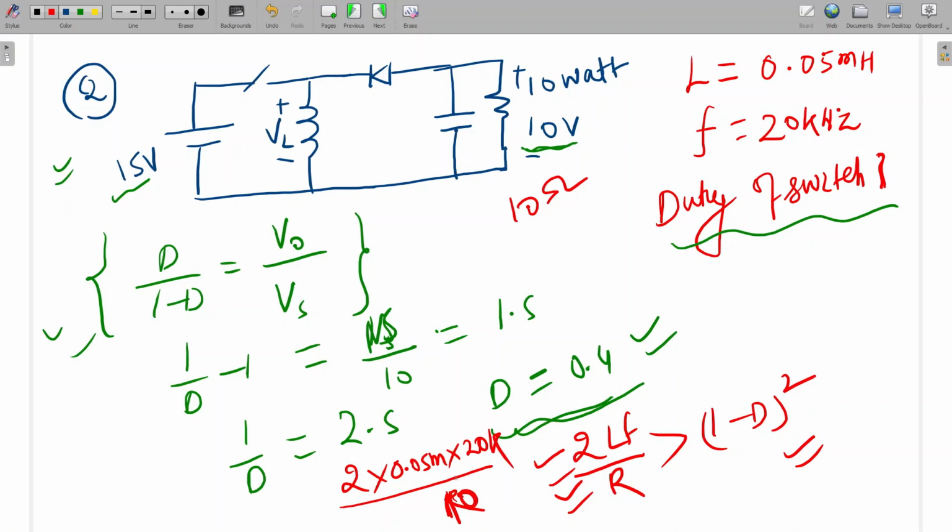2 into 0.05 milli into 20K divided by 10, how much will it be? It's coming at 0.2. So is it satisfying? 0.2 is greater than 1 minus D square?